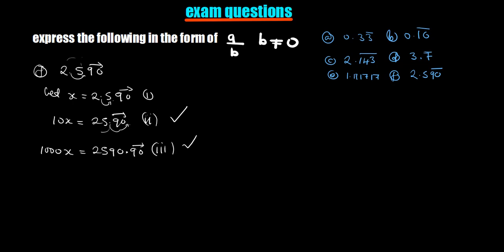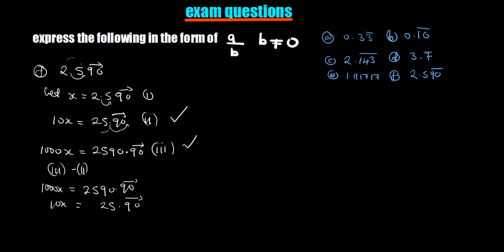So now I subtract. Now 3 minus 2. So that will be 1000x is equal to 2590.90 bar, then minus 10x is equal to 25.90 bar like that.